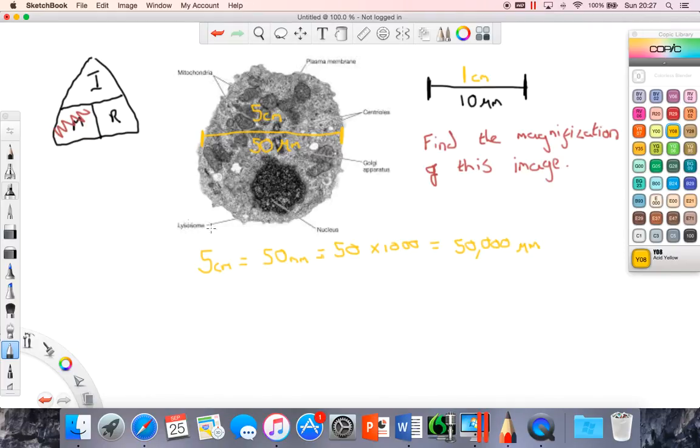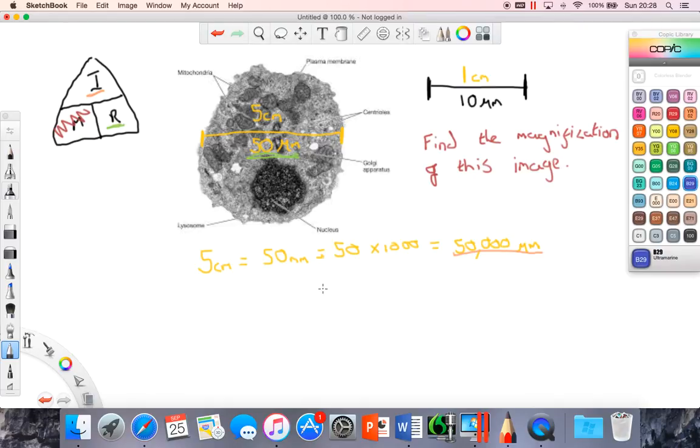Now to find out our magnification, we need to do the image size, which we've just worked out is 50,000, divided by the real size, which we worked out from our scale bar is 50.